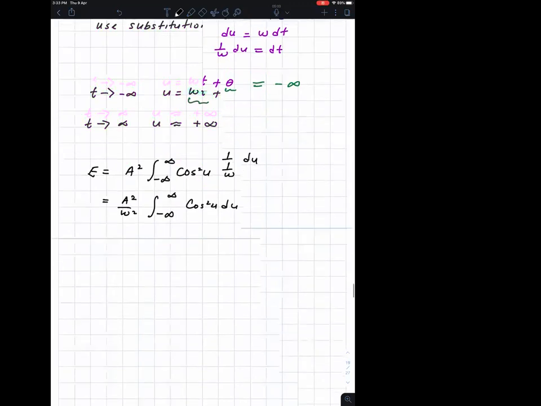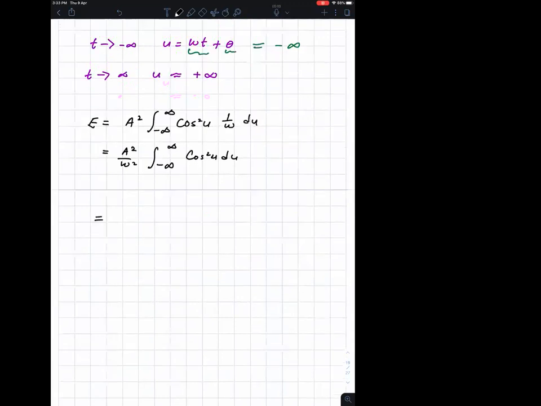To integrate this, we have to use the trig identity to convert cosine squared u. Do you remember the trig identity? Cosine squared u becomes 1 plus cosine 2u divided by 2, du.